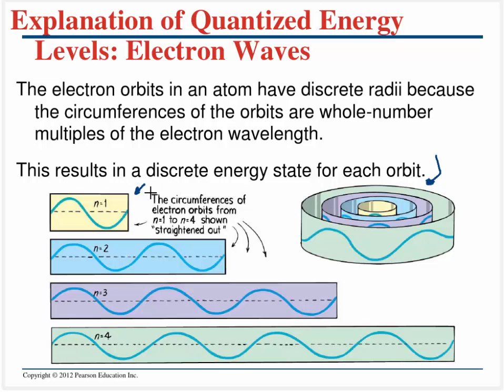Then n equal to 1 is just going to have one wavelength, n equal to 2 is going to have two wavelengths, n equal to 3 is going to have three wavelengths, and so on. And something else you can visualize is that the spacing between these is going to get closer and closer, which behaves exactly as we would expect based on the spectrum of hydrogen.